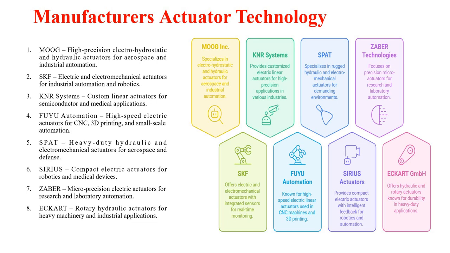It produces electric linear actuators and motion control systems used in research, medical devices, and semiconductor industries. And you have EC card, which produces hydraulic, pneumatic and rotary actuators, used in industrial automation, construction and heavy machinery.